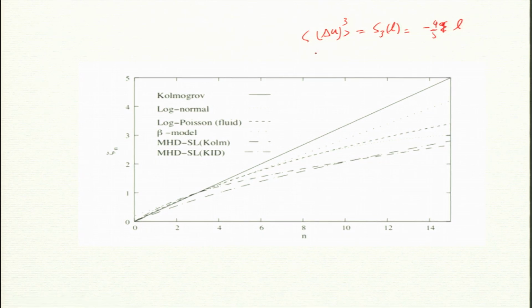But if I make a naive extrapolation to delta u to the q, what will that be? Take the 1/3 order, then take the q power: epsilon to the q by 3, L to the q by 3. So, zeta q will be q by 3. You get Kolmogorov's formula, but this makes a lot of assumptions.